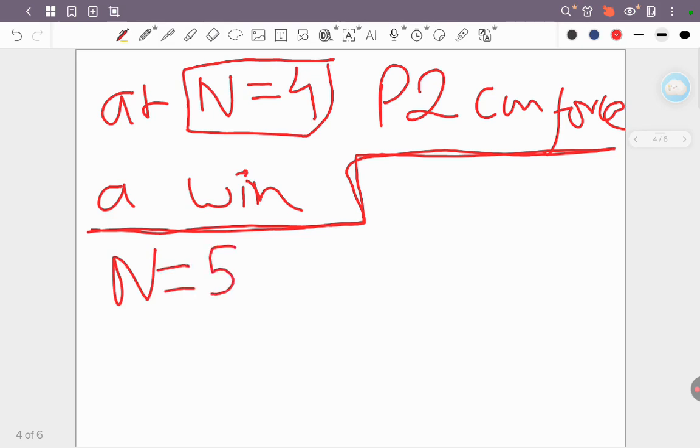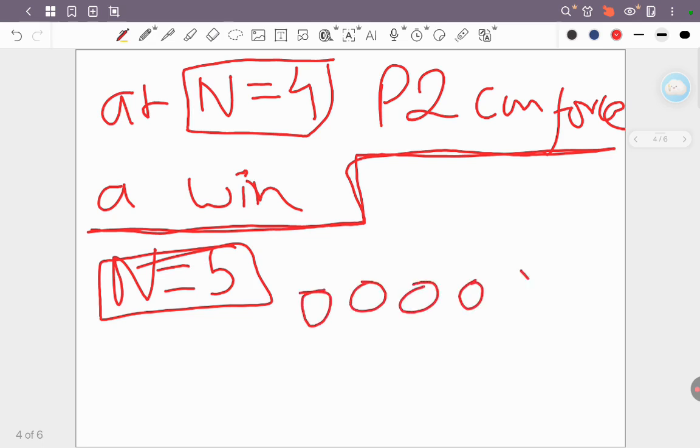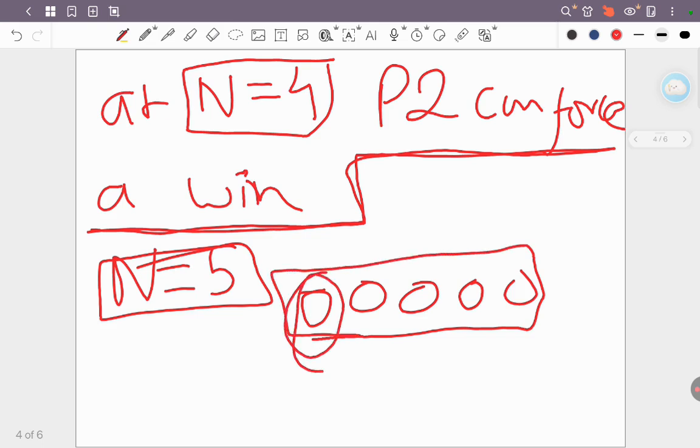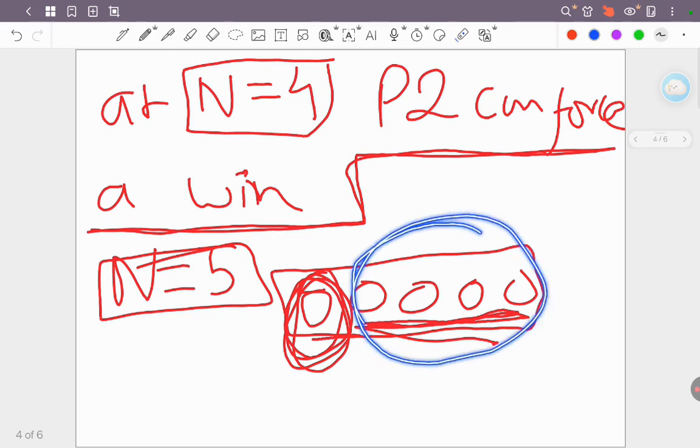Let's say n is equal to 5, right? Now I am seeing that if there are 5 coins, player 1 can take the first coin and leave 4 coins. For these 4 coins, who is the first player?